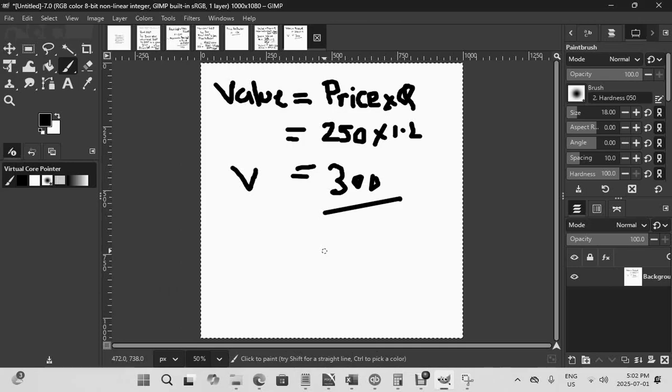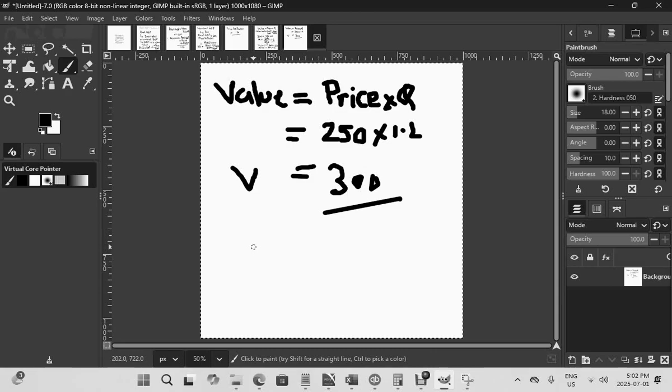All right, so now that you have the value, we can apply the same concept for nominal and real GDP. So when it comes to your nominal GDP, it may be equivalent to the value of that particular product.